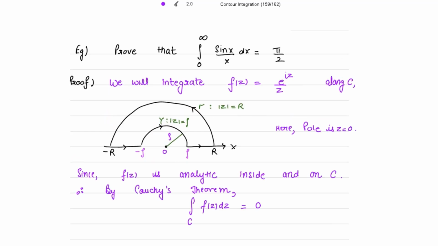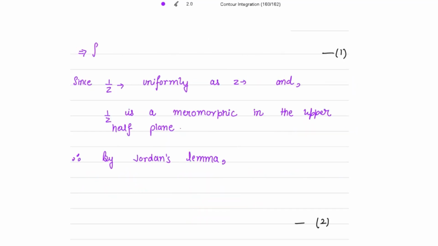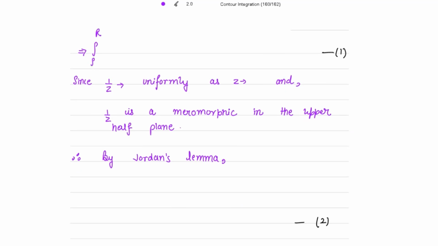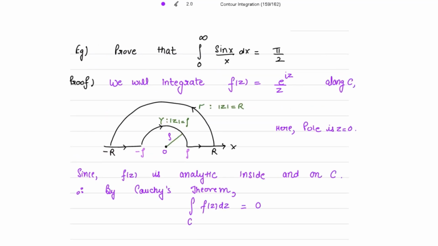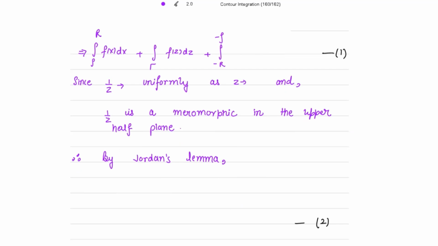First from rho to capital R, here I have to take the variable x, f(x) dx, and then along the semicircle tau in the upper half plane, for that I have to take f(z) dz, and then from negative r to negative rho, again I have to take the x variable, and then along the circle gamma, f(z) dz, equal to 0.